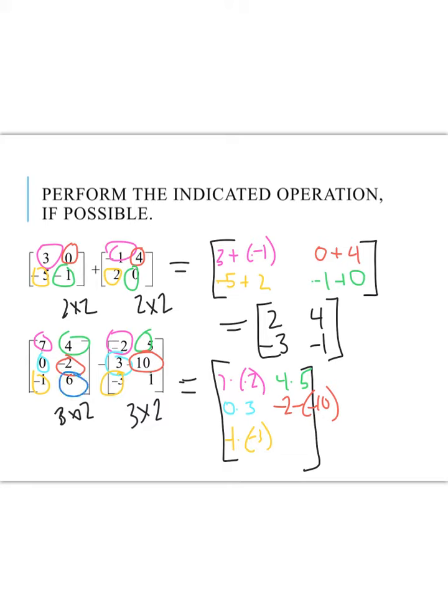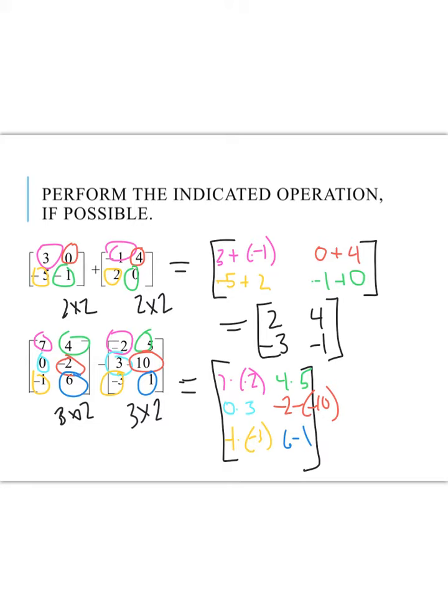And finally 6 minus 1. I encourage you to write out the steps inside the matrix and then simplify. Don't try to simplify in your head. A lot more errors can happen that way.